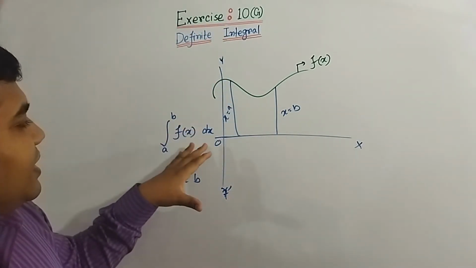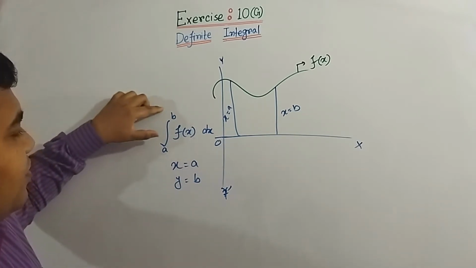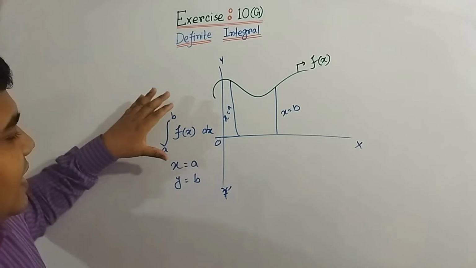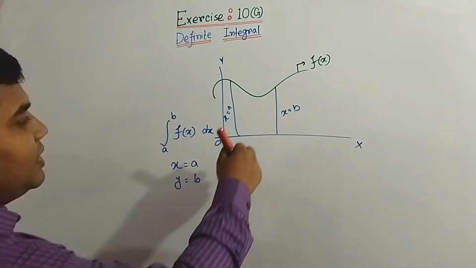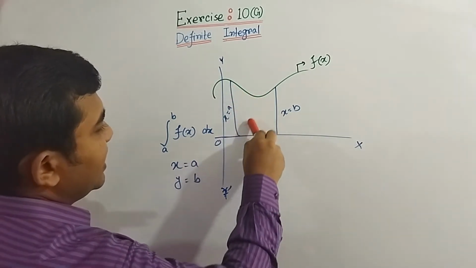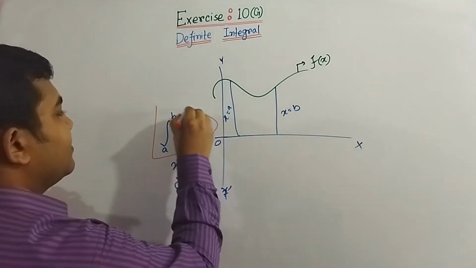That means the integration from a to b of f of x dx represents an area. This area lies between these lines, that is, this area is represented by this expression.